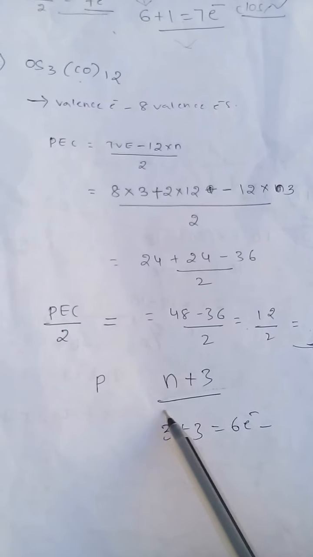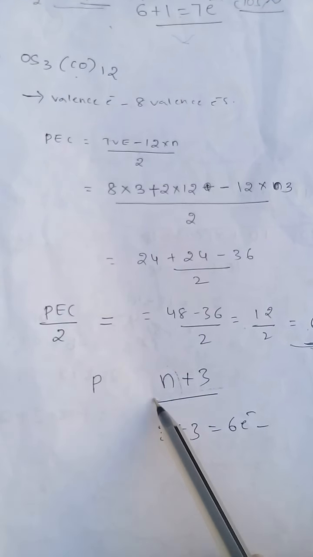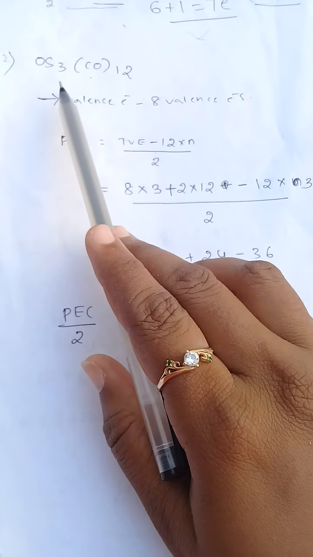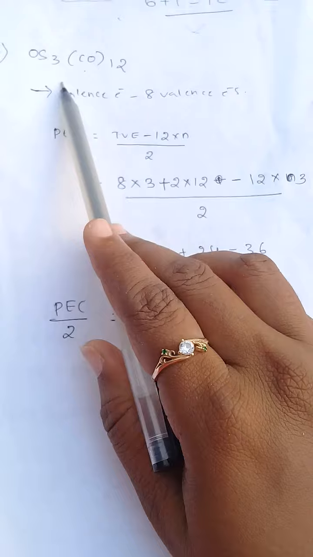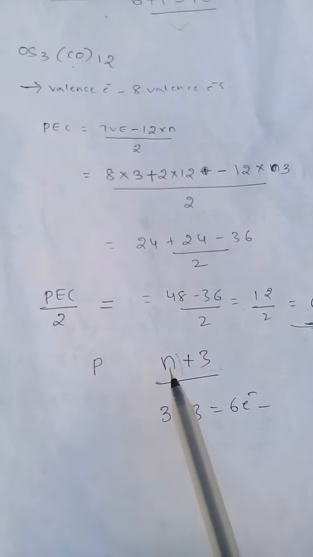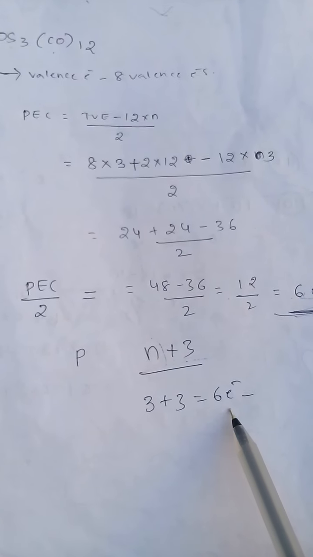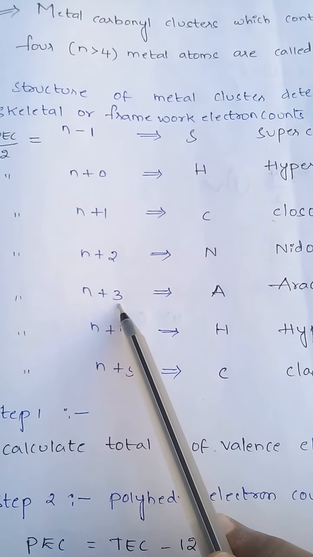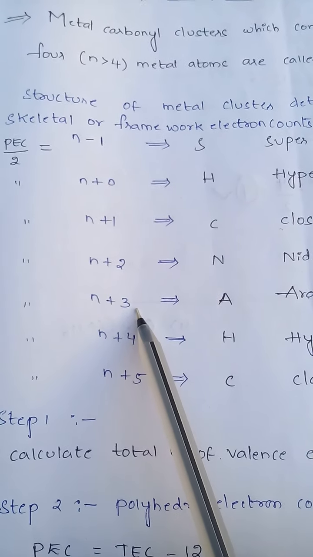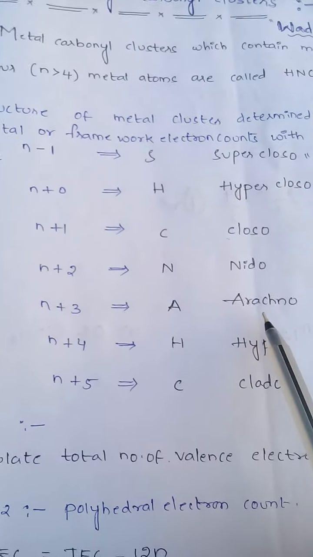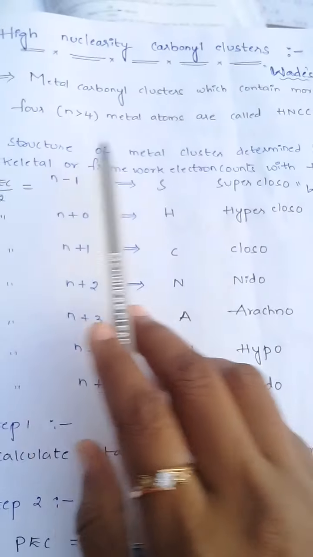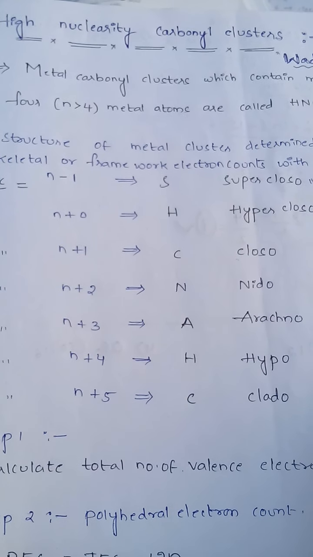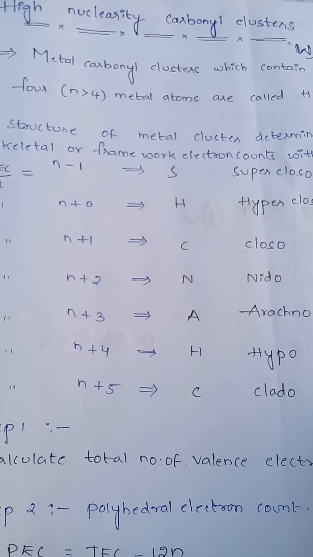Because in the n place we are substituting metal atoms. How many metal atoms? 3 metal atoms. So 3 plus 3 equal to 6. See here, the structure for n plus 3 is arachno. This is the most important table to remember for the structure of metal clusters.